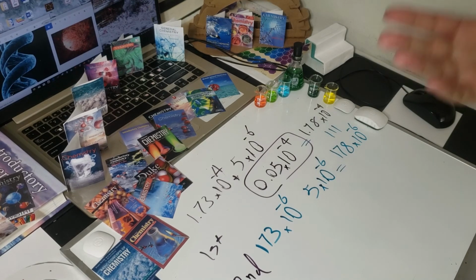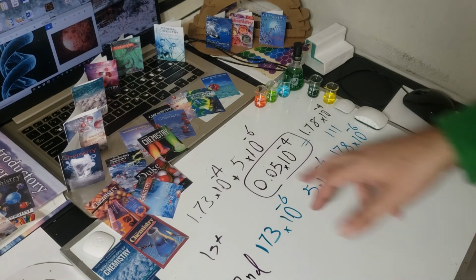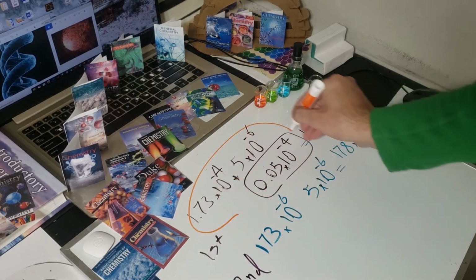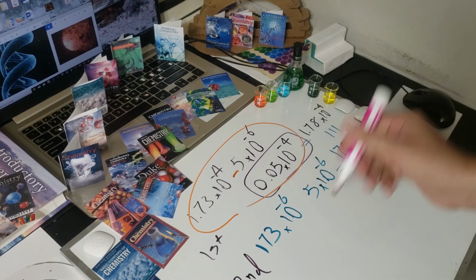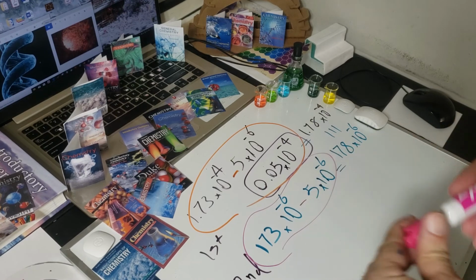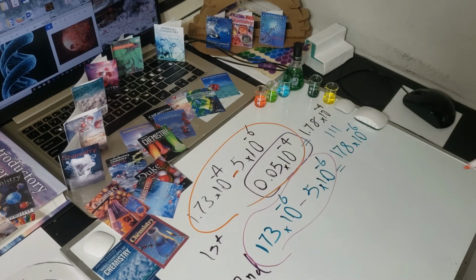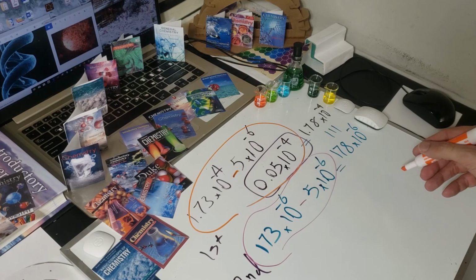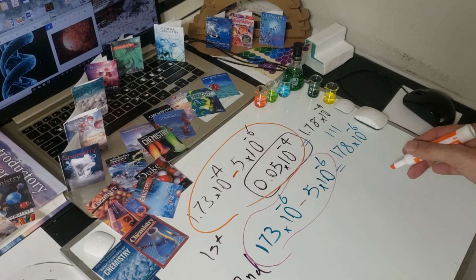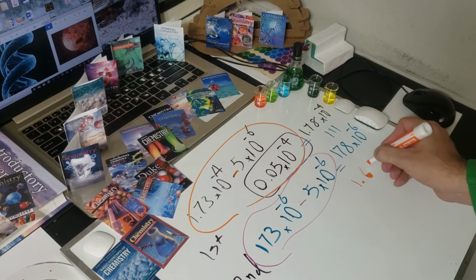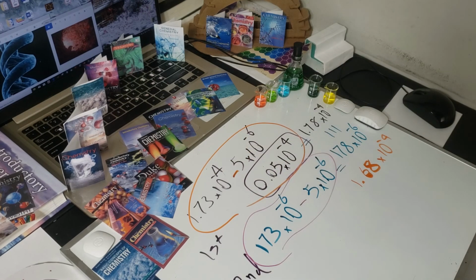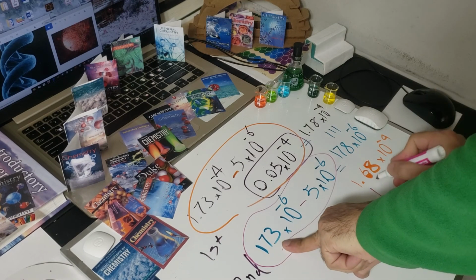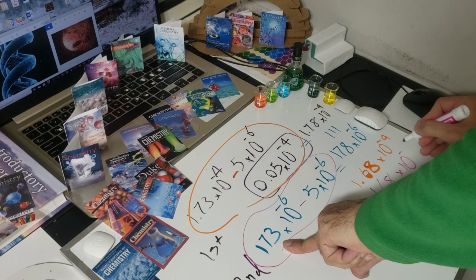Okay, if I want to subtract them, that's the exact same story. On the top, with this one, if I do subtract, and with this one, if I do subtract, okay, if I do so, I will get, let's see, 1.68 times 10 to the minus 4 for the subtraction, and for the subtraction down below, here we get again 168 times 10 to the minus 6.